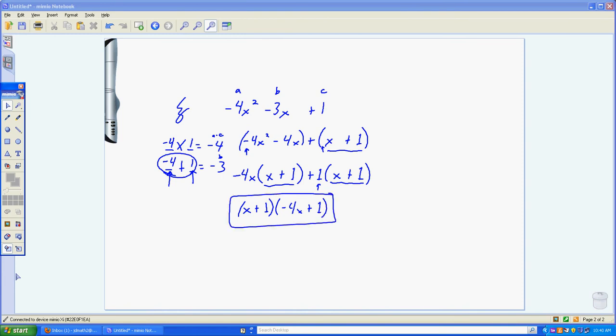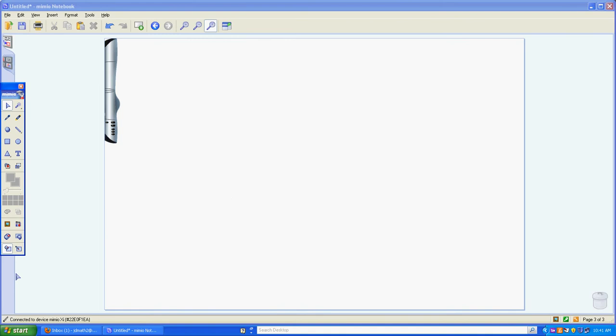Now, this is different than the last one because we had a number other than positive 1 as a right there. So we couldn't just take our splitter numbers and put them in. It doesn't work quite that way. So what we can keep in mind here is if a is a positive 1, sometimes people call them trinomial easies, and if it's not, it's a trinomial difficult.